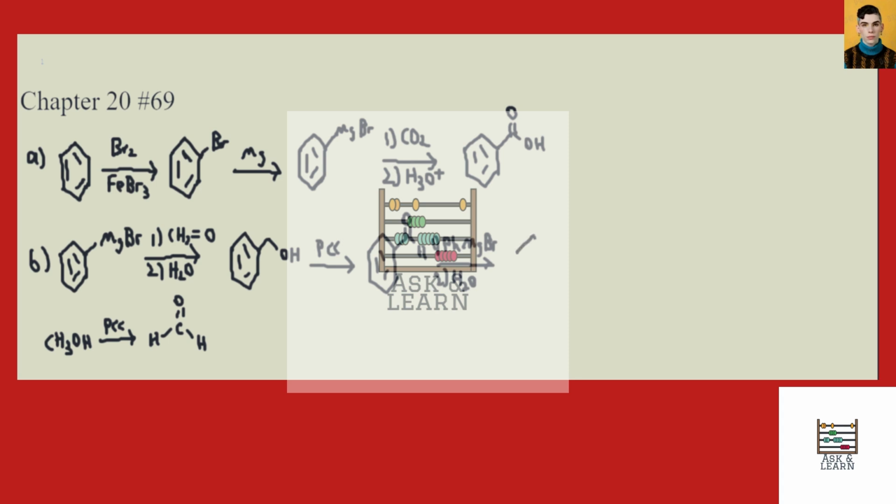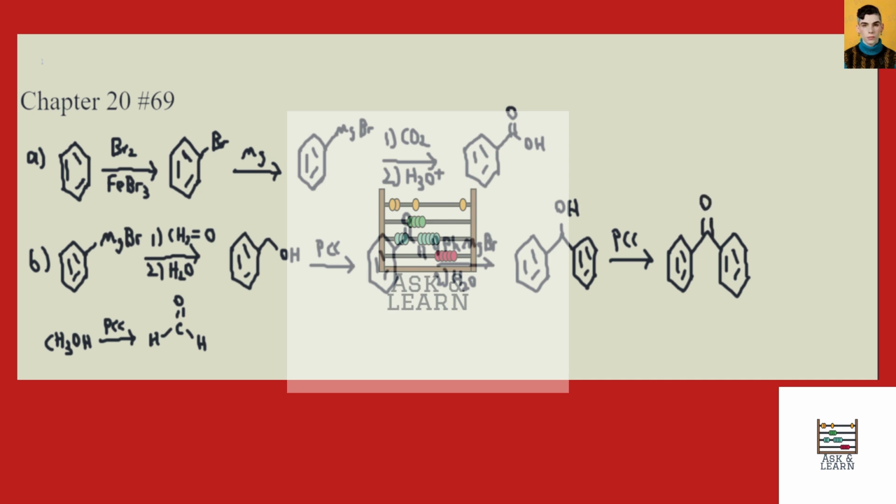And so now we have our 2 aromatic ring system joined by a single carbon. The single carbon has an alcohol on it right now, since this is the product of a Grignard reaction. And so the last thing that we need to do to get to our product for B is going to be another PCC oxidation to get to the ketone. Okay, so there's our product for B.